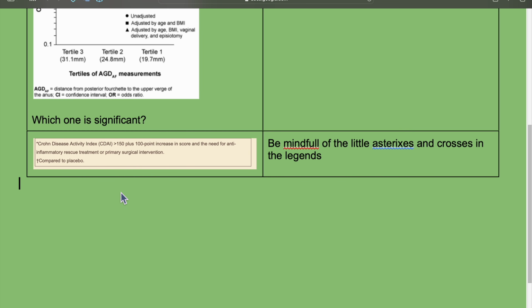Okay, so what I'm saying is be mindful of little asterisks and crosses in the legends, because they will be important when you're trying to figure out what the answer is. So little asterisks right there and little cross. When you're talking about odds ratio, what is it compared to, right? So it's compared to the placebo. Sometimes it makes a difference to know that, okay? When there's multiple variables there.